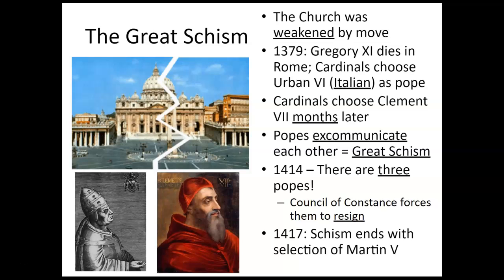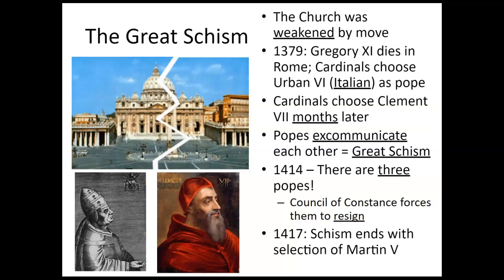Now, what ultimately ends up happening is Gregory the 11th dies in Rome in 1379. The College of Cardinals ends up choosing Urban VI as the next pope. Well, he's an Italian. The Cardinals again choose several months later Clement VII. Then these two popes are essentially popes at the same time.